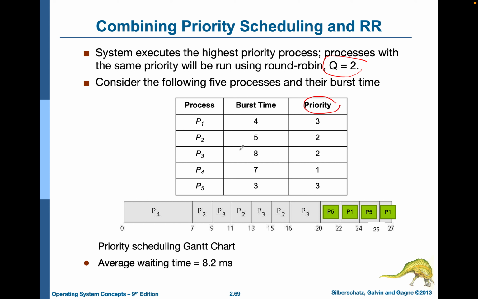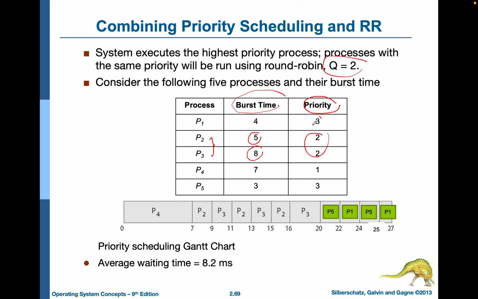priority. First is P4, second is P2 and P3, which have similar priority. Because it's a similar priority, you need to also look into the burst time. So which one is the smallest? This one. So P2 will be second, P3 will be third.